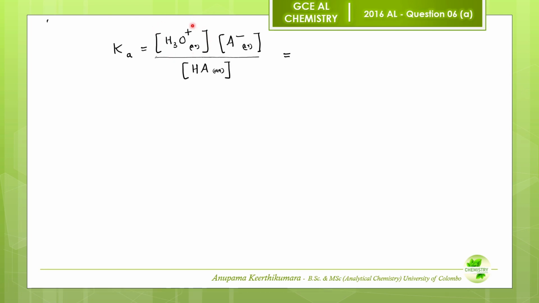Now the concentration of H3O plus and the concentration of A minus are the same. Therefore, we can write H3O plus concentration to the power 2 divided by the concentration of the weak acid.